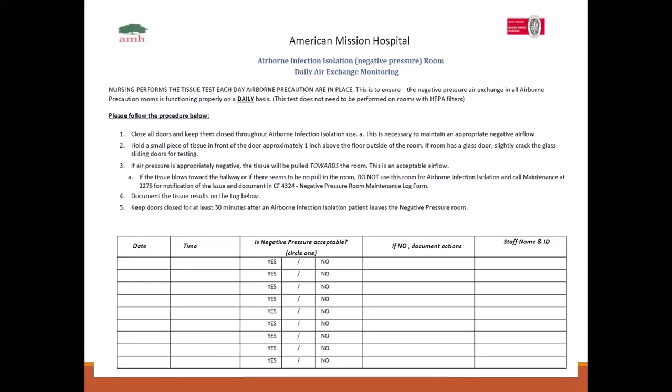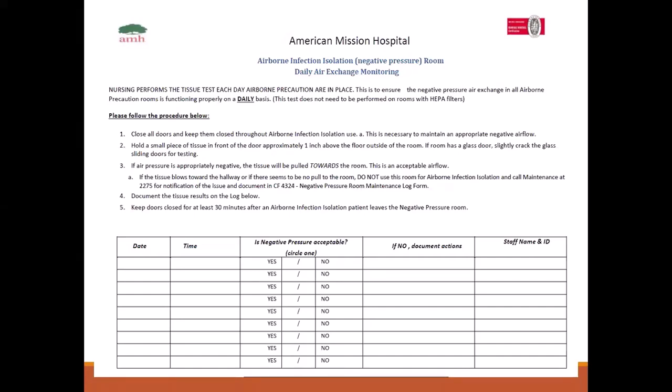So the concept of negative pressure is to take the air from inside the room through the HEPA filter. It will be filtered and sent to a system that maintenance keeps up, so that the air is not circulated in the hospital.